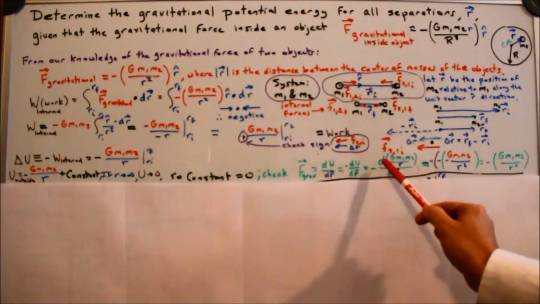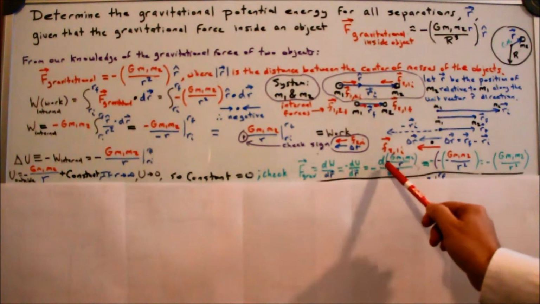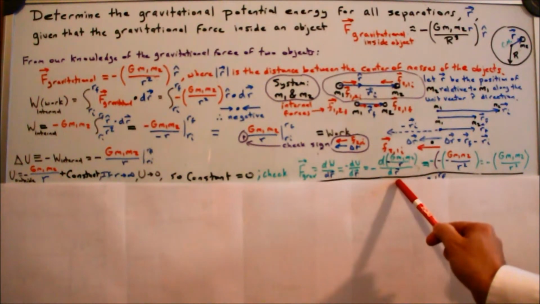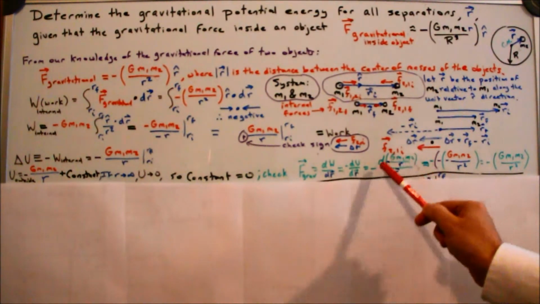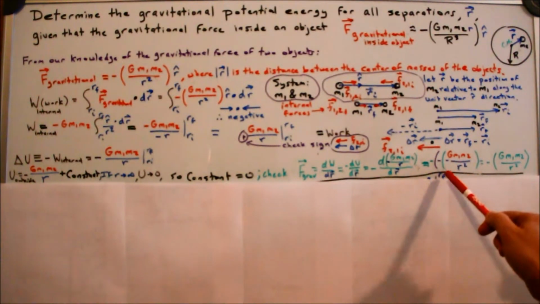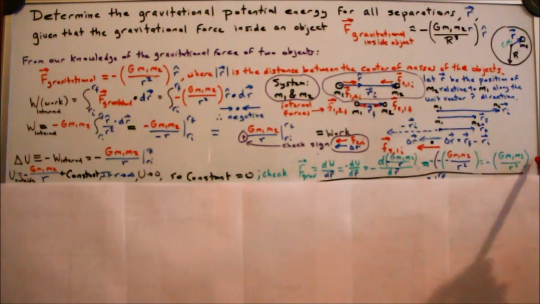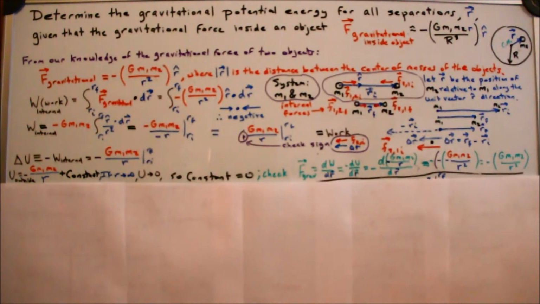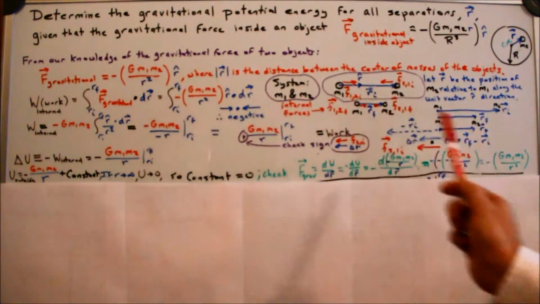If I substitute in my value for the potential energy and take the derivative with respect to r, I can do the math. It ends up being this value right here, which is what we came into the problem with. So that's a good check that the problem was solved correctly.